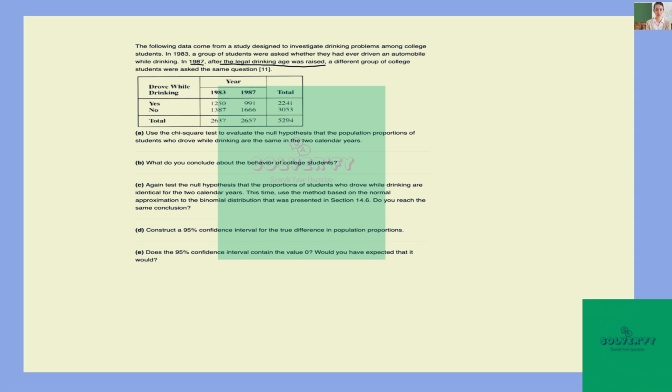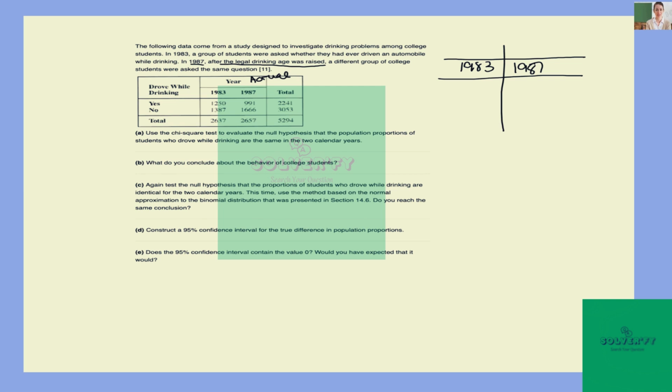So for 1983 and from 1987, we can say that they are dependent on one another because of my expected values. Just go back. So here are my actual values. These are my actual.